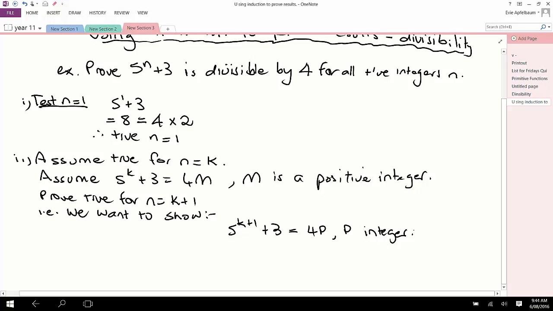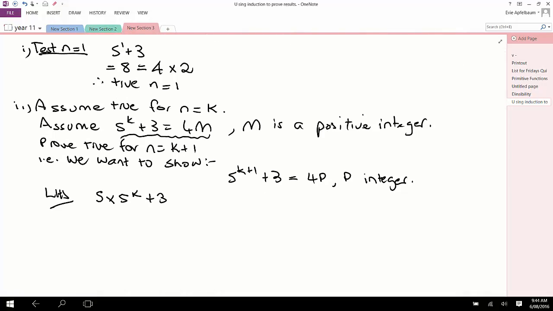Now, in each of these we want to express this in terms of what we had before. So we realize that 5 to the k plus 1 is just 5 times 5 to the k, plus 3. And when we look at this assumption above, we are really assuming that 5 to the k is 4m minus 3.